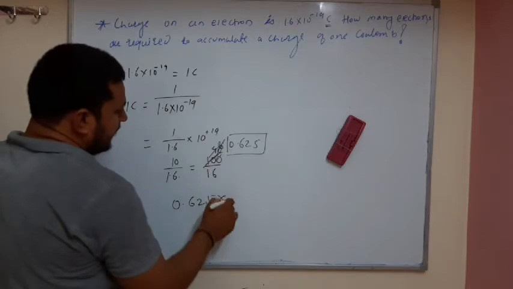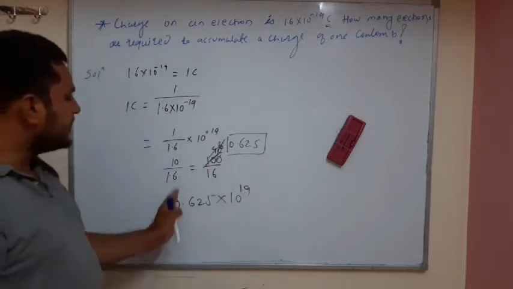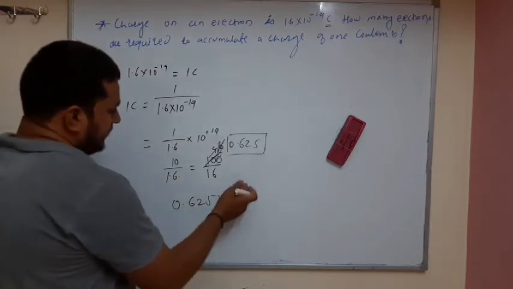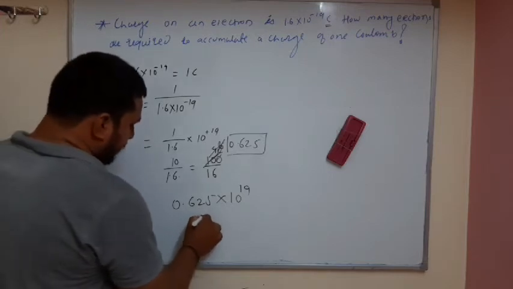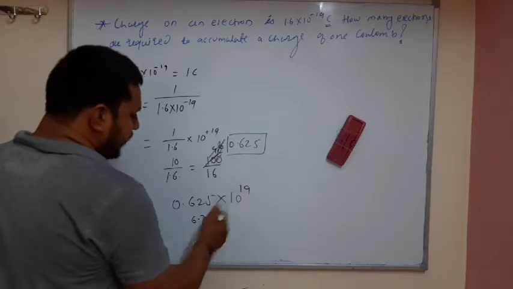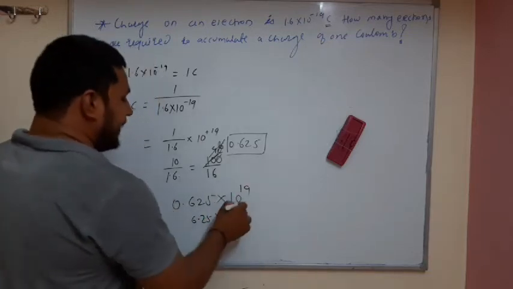So that is 0.625 into 10 raised to 19. If I move this point again to the right-hand side, then the power of 10 will be reduced by 1. It means 6.25 into 10 raised to 18.